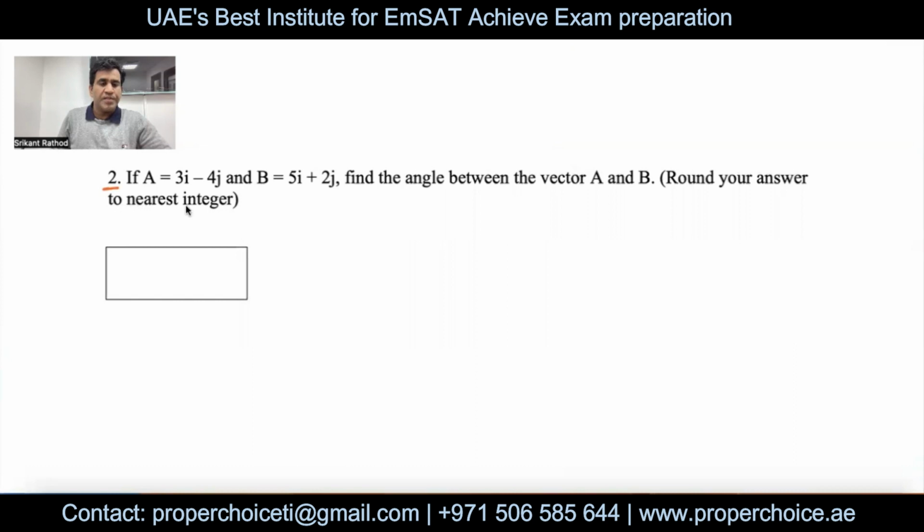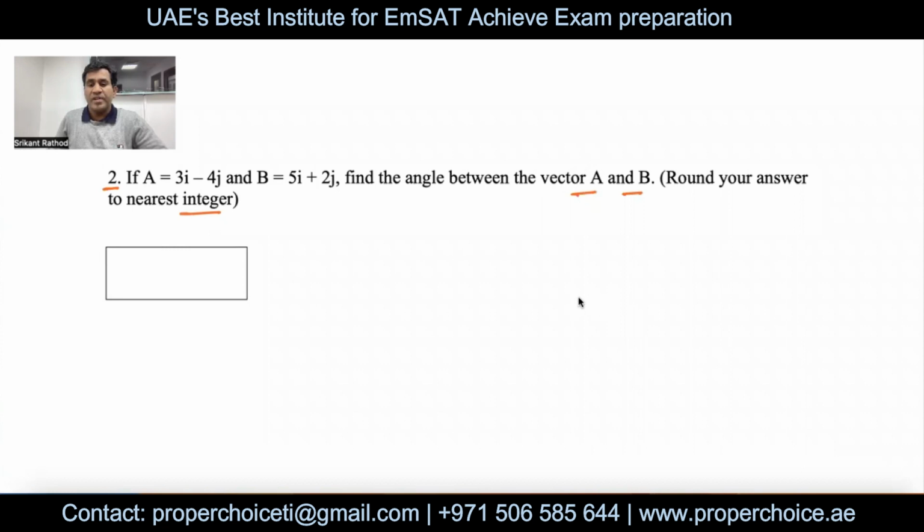Question number 2 here is: if a equals 3i minus 4j and b equals 5i plus 2j are the vectors, find the angle between the vectors a and b. Round your answer to the nearest integer. They are asking us to find the angle between the vectors and round the value to the nearest integer. What are they actually asking us? There are two vectors.